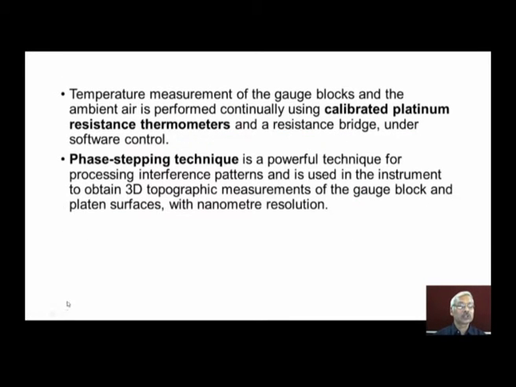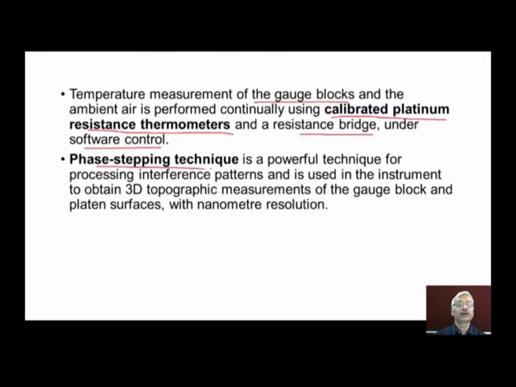Now the temperature measurement of the gauge blocks which are placed in the working chamber is possible using calibrated platinum resistance thermometers and a resistance bridge, and the temperature adjustment or control of temperature is possible using software.